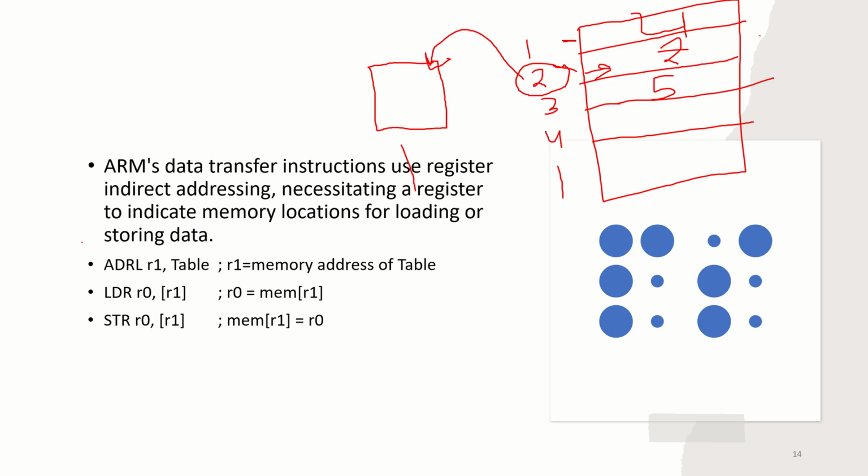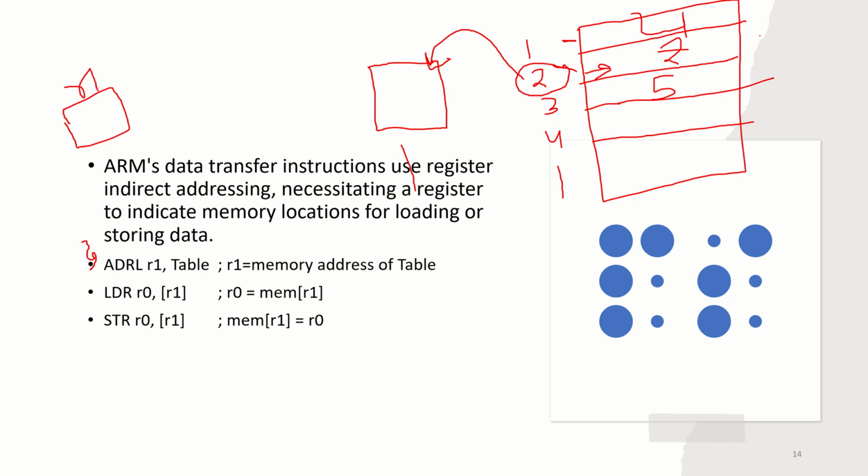So we see here, ADRL loads the memory address of a table. Just suppose in the assembly there is something called table. Its memory address is loaded into the R1 register. So the memory address of table is stored into R1. Now R1 is a register which is storing the memory address.